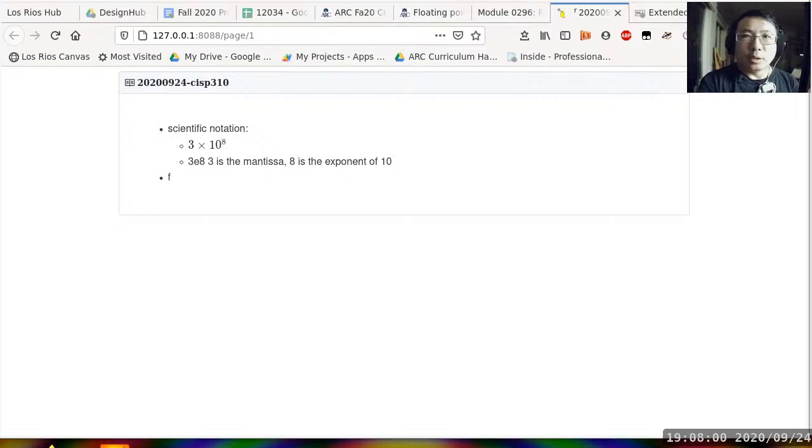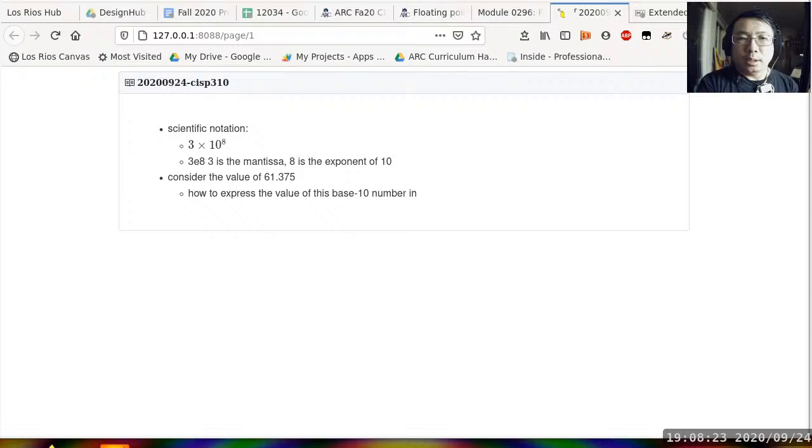Consider the value 61.375, a base 10 number. What we want to do is express the value of this base 10 number in base 2.